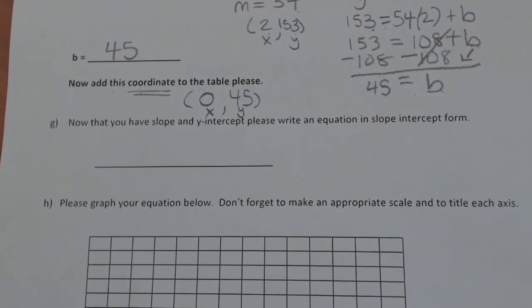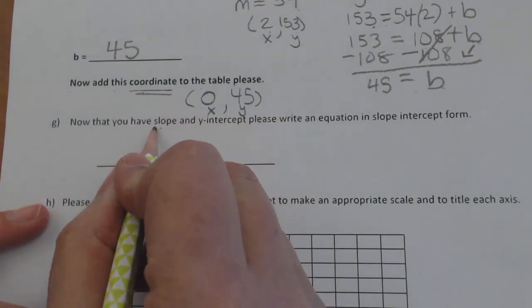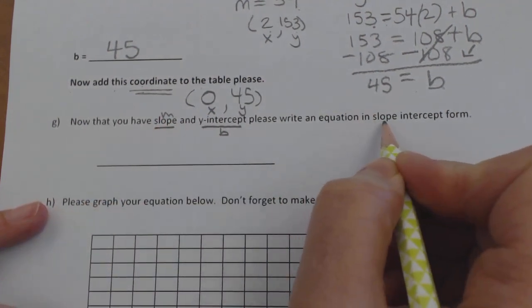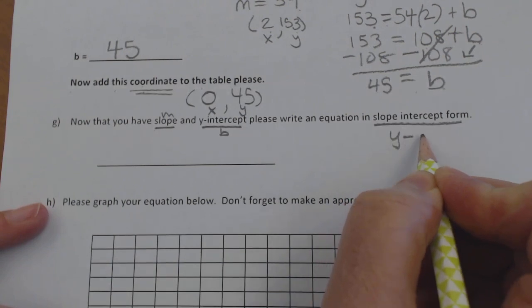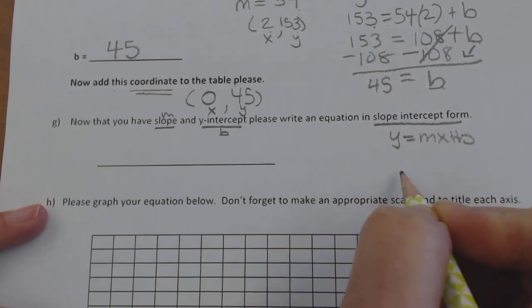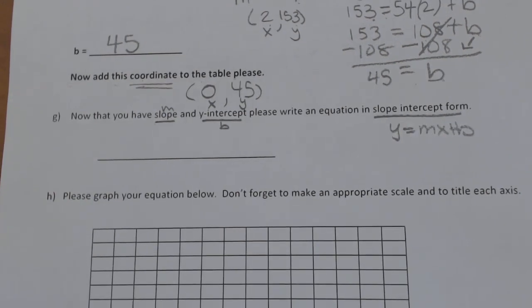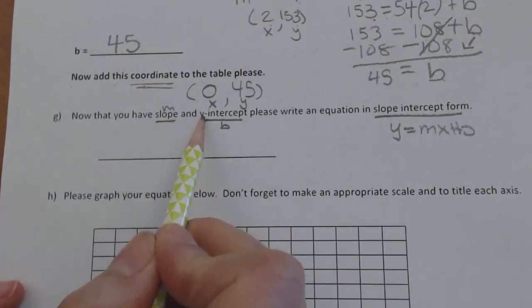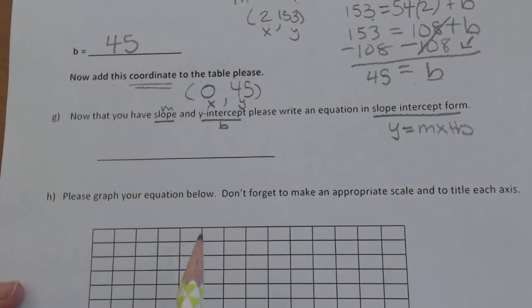Okay, going back to the other side, part G, now that you have slope, m, and y-intercept, b, please write the equation in slope-intercept form, so y equals mx plus b form. If you're having trouble with this, please make sure you're writing your variables on top of or underneath the words that they mean.